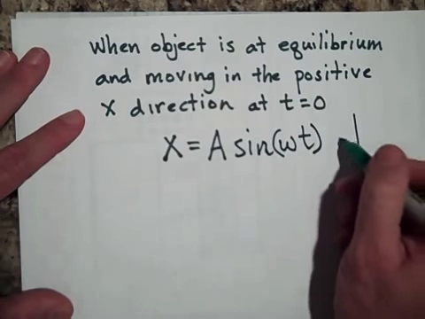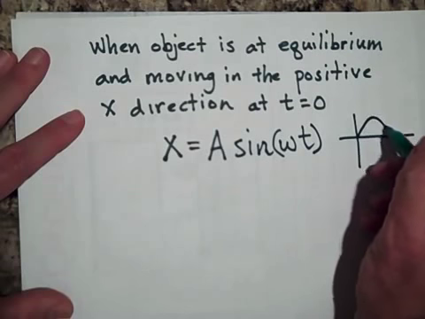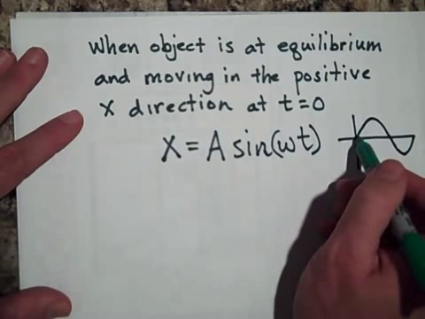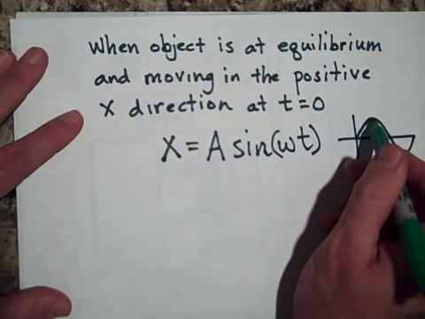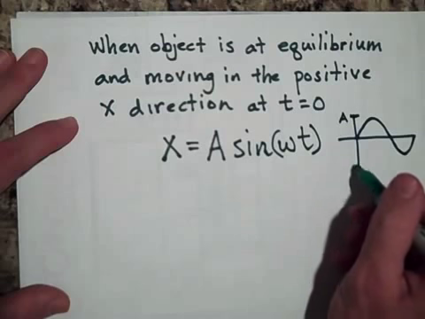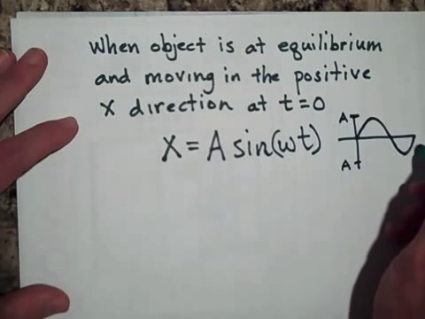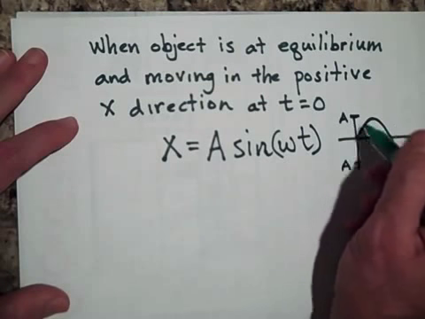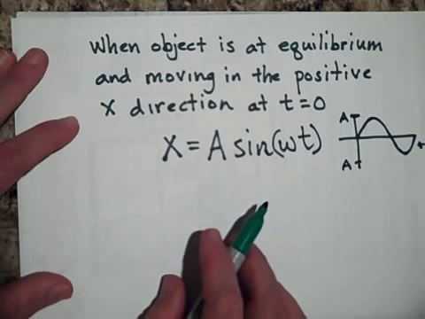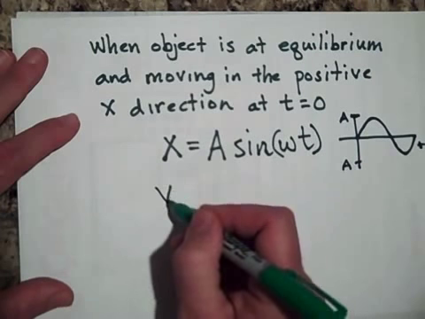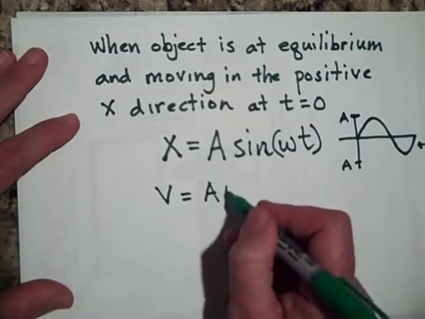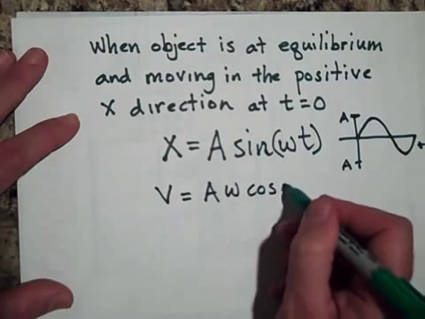Because the sine function looks like this. It starts at 0 and heads in the positive direction. If this is t and this is x, this is the x-axis. Then our velocity will be the derivative of this, which is A omega cosine omega t.